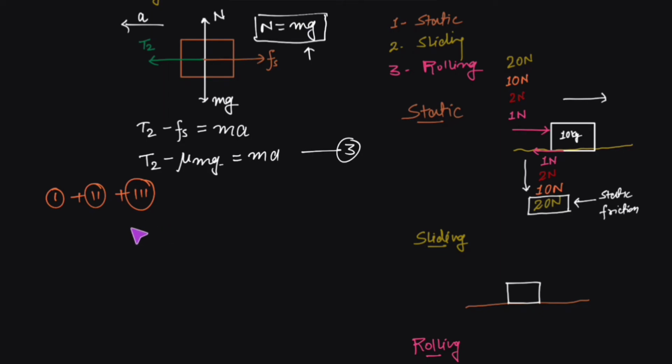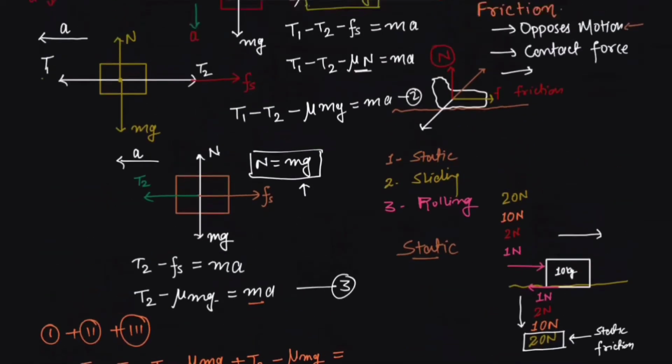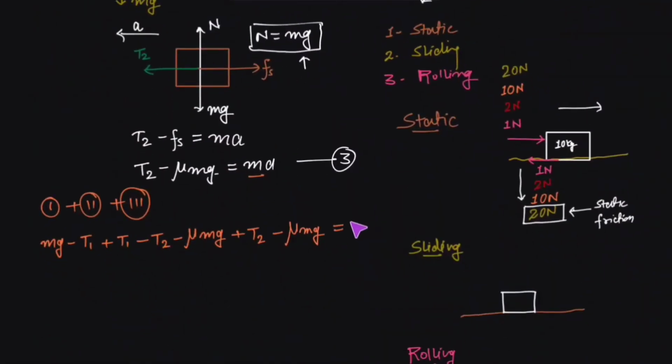So this becomes mg minus T1 plus T1 minus T2 minus mu mg plus T2 minus mu mg. This is the total left hand side sum, equal to the right hand sum, which is ma plus ma plus ma, which is 3ma. T1 cancels T1, T2 cancels T2.